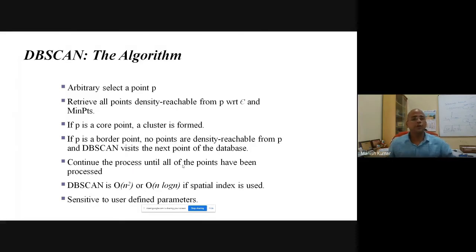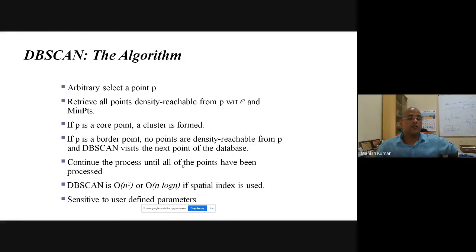Obviously, I already told you, you can start with an arbitrary set of points, an arbitrary selected point, and retrieve all density reachable points. Then if P is a core point, a cluster is formed, so it is an elementary or first level of clusters. And then by virtue of the density reachable concept, we can form arbitrary shaped clusters.